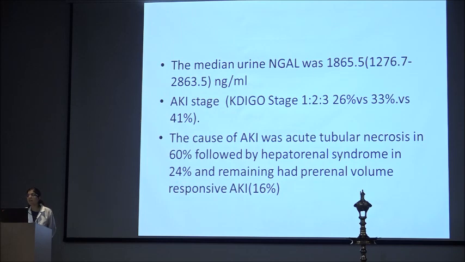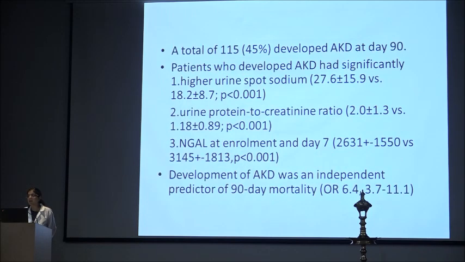The median urinary NGAL was highly raised in such patients, at 1865.5. Most of them were in AKI stage 3. The cause of AKI was ATN in most of the patients, followed by HRS in 24%, and the remaining had pre-renal volume-responsive AKI. Out of these patients, 45% developed AKD at day 90.